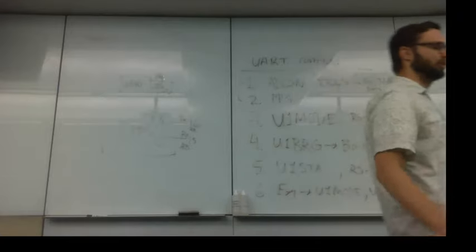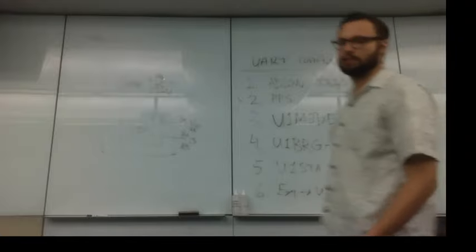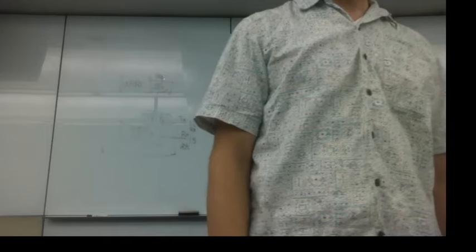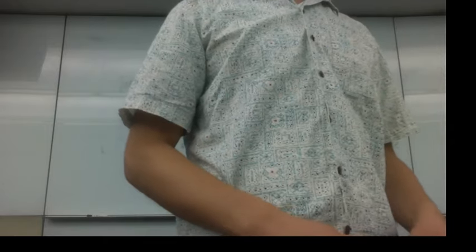Let's see. So the DB9 pinout, that's that little 9-pin connector that you might see on the back of some older computers. It says serial or I/O on it. These are what the pins mean. There's a line signal detect that basically tells if it's connected to anything. There's transmit, there's receive, there's DTE ready.